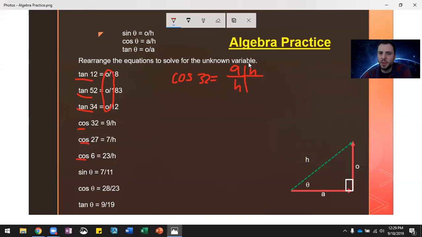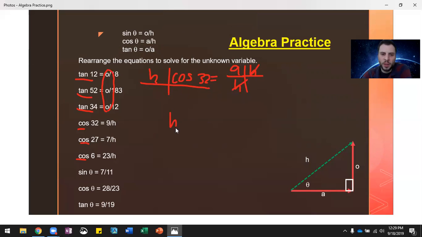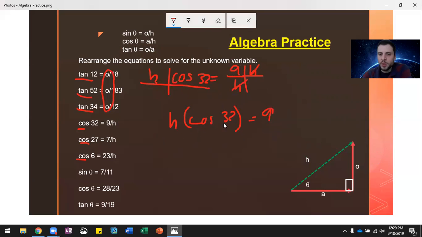Let's try doing that, because that'll leave us a nice whole number up here. So we'll multiply both sides by h. These cancel out, and we're left with h times the cosine of 32. Remember, that's kind of just a number, okay? That's going to be a real number. That equals 9.